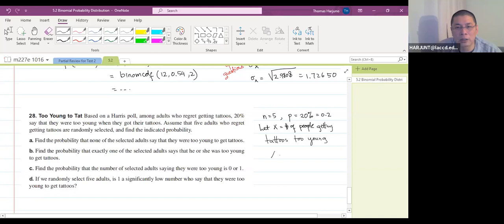So our X is binomially distributed. The number of tries is 5. The probability of success, in other words the probability they got it when they were too young, is 0.2.